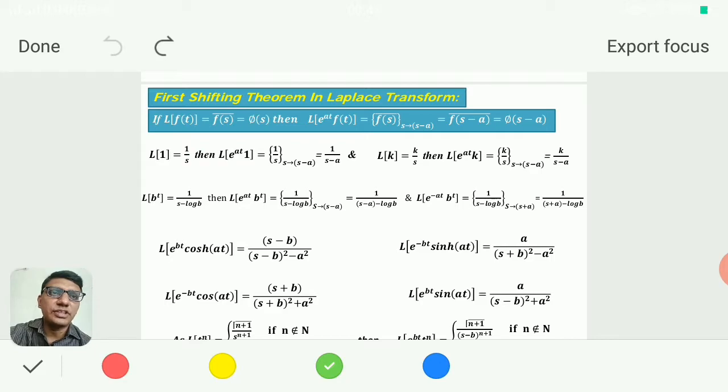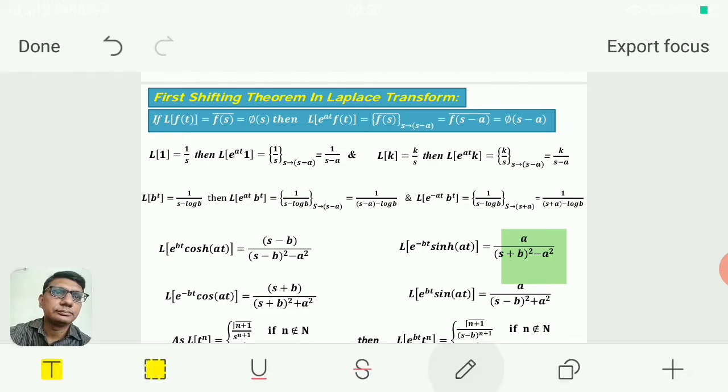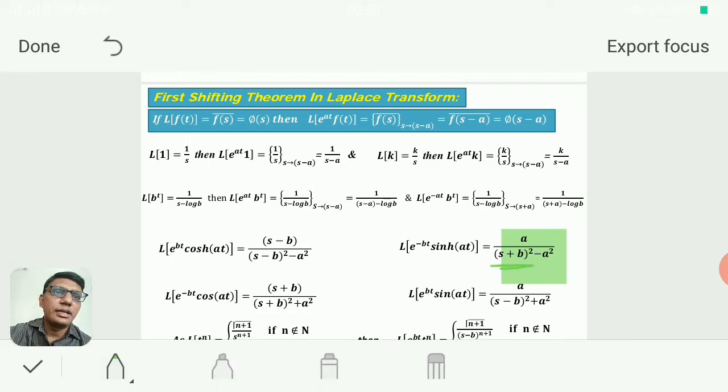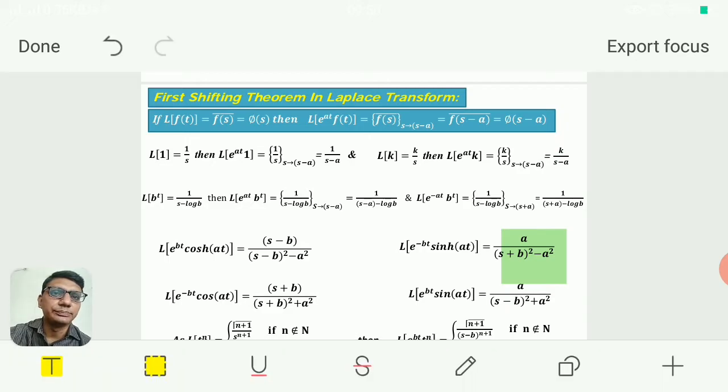We know the Laplace of sine hyperbolic at is a upon s square minus a square, but in this case we multiply sine hyperbolic with the exponential function e raised to minus bt, so our formula becomes a upon s plus b whole square minus a square. Here we replace s by s plus b. That is the first shifting property in the Laplace transformation.